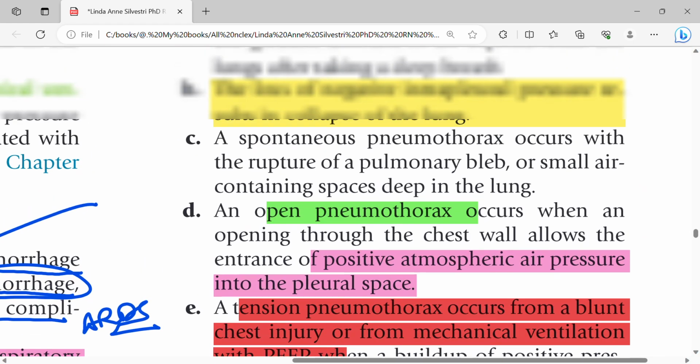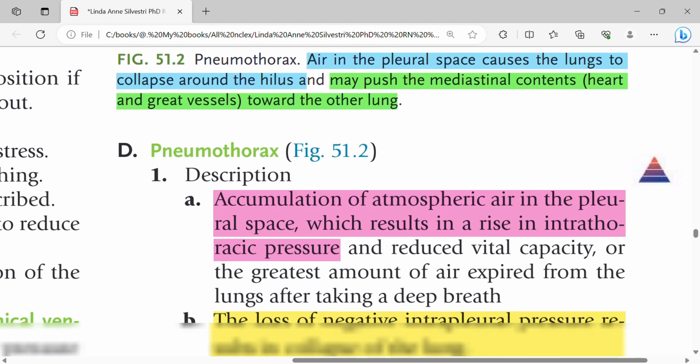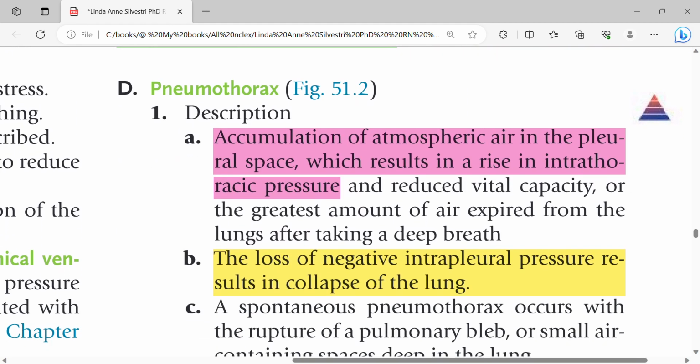The next topic is pneumothorax. So what is pneumothorax? Pneumothorax is accumulation of atmospheric air in the pleural space.